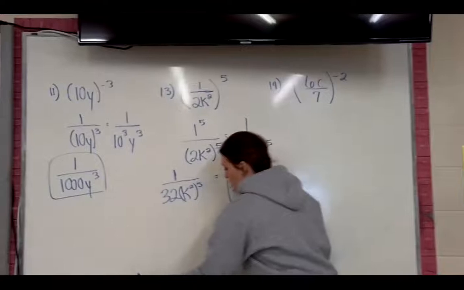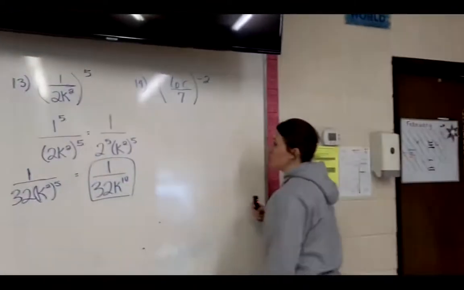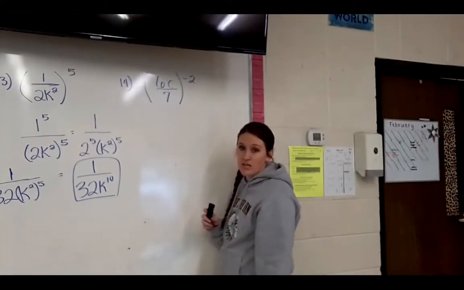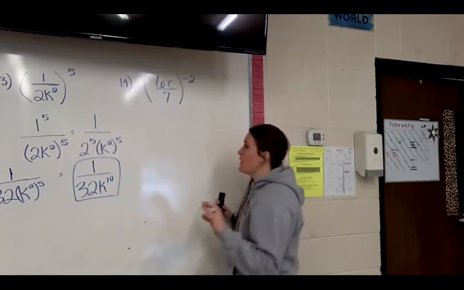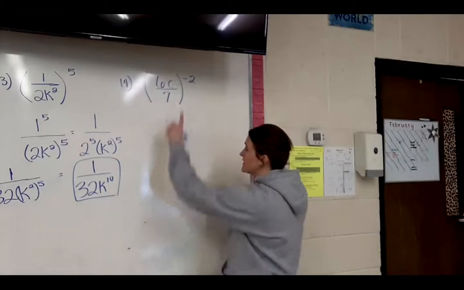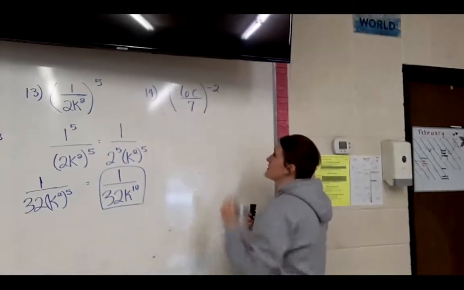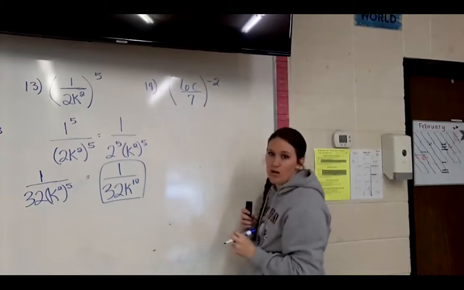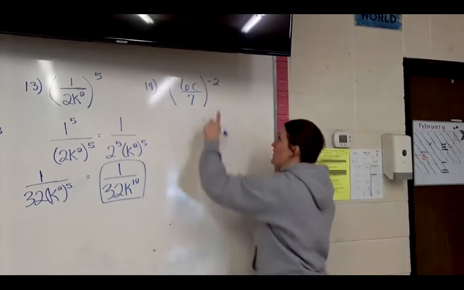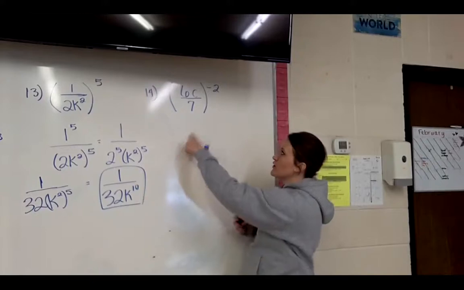Okay, now our last one, problem number 14. Again, I know these are tricky, so if you're struggling on these, it's cool. Don't stress about it. On number 14, I have 6c over 7 all raised to the negative 2nd power. First thing we need to do is make that negative 2 positive so that we can solve. That means we would put 1 over all of this.